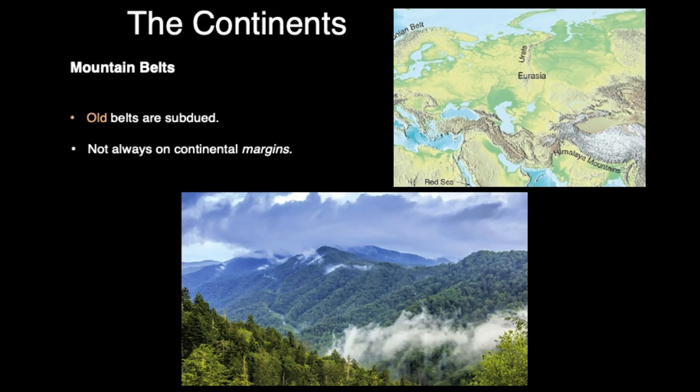And also, they're not always on current continental margins. But when they first rose up, they were on some sort of continental margin. All right. So an example of this is, for example, the Ural Mountains up in Russia.